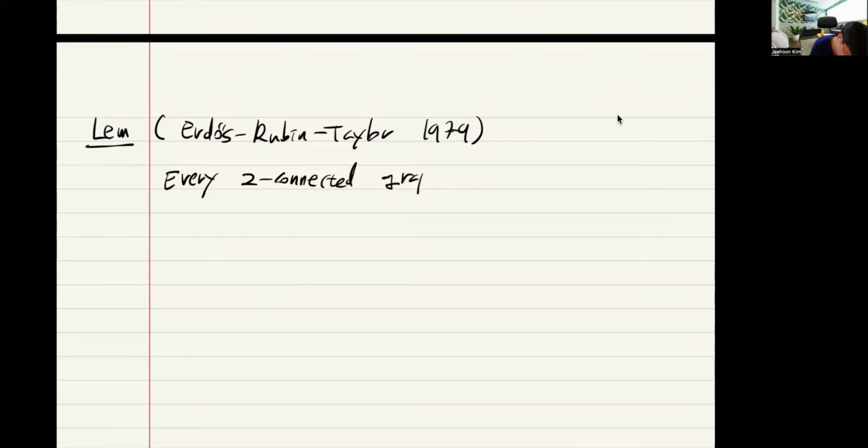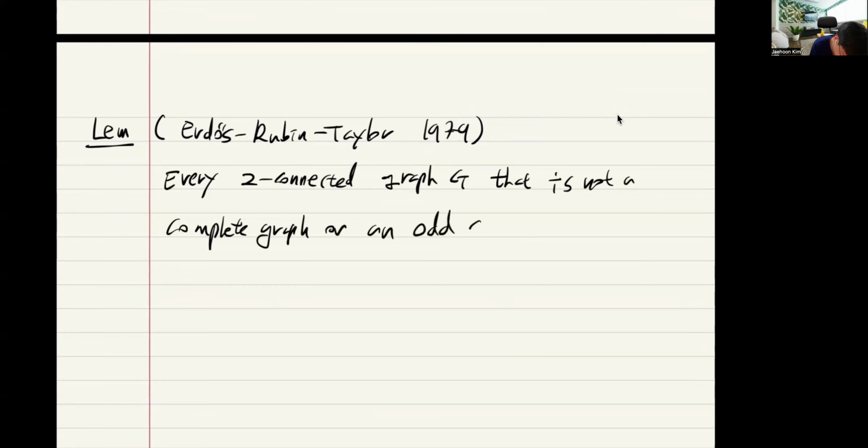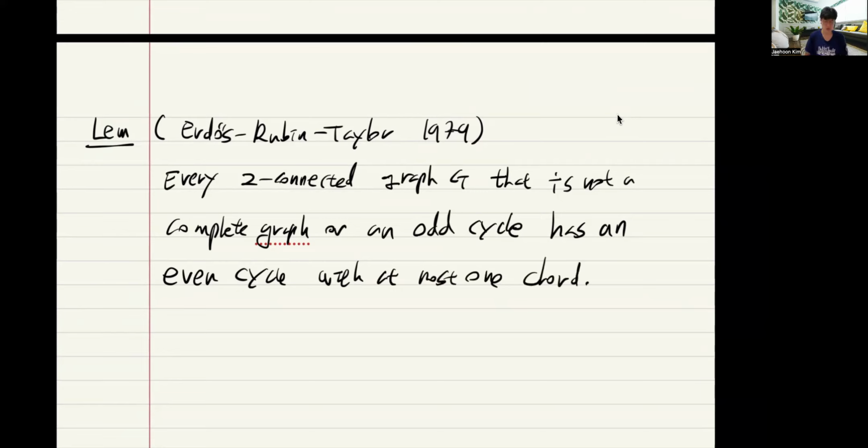Every two connected graph G that is not a complete graph or an odd cycle contains an even cycle with at most one chord.